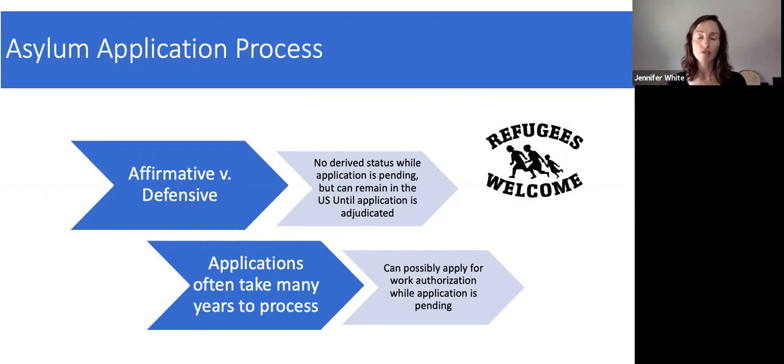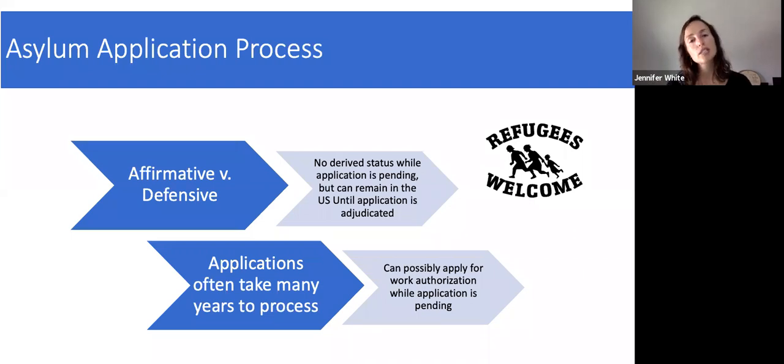Those folks apply for defensive asylum, meaning they apply in front of the judge that they're appearing in front of. Everyone else would apply for affirmative asylum. Like if you don't have active removal proceedings against you, you apply with the asylum office. So you remember USCIS is the big umbrella agency, and then you have the asylum officer, the asylum office under that umbrella.